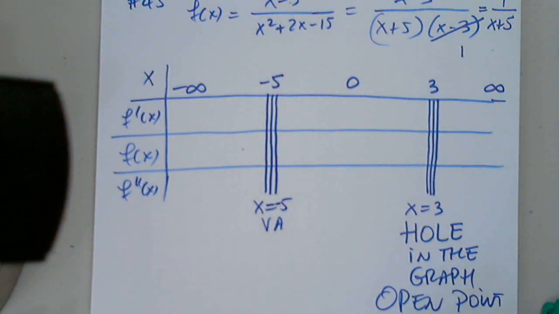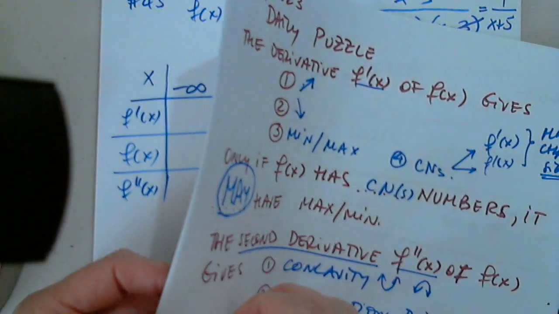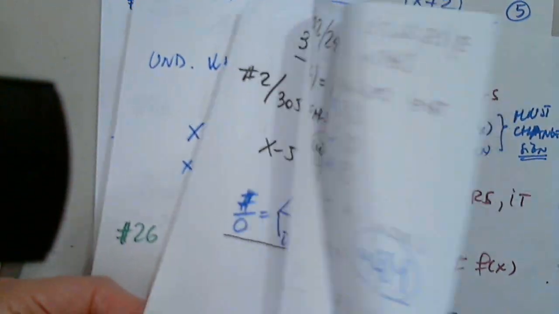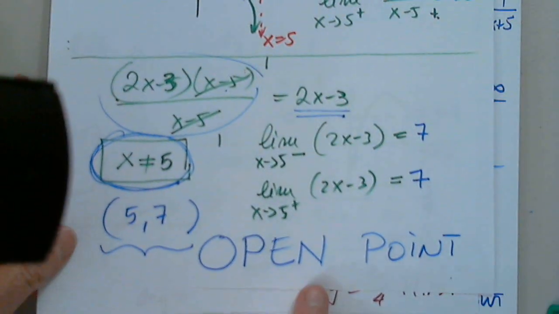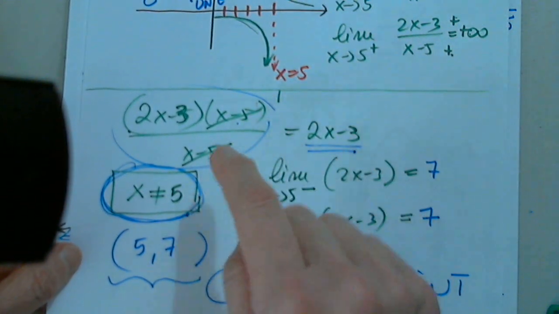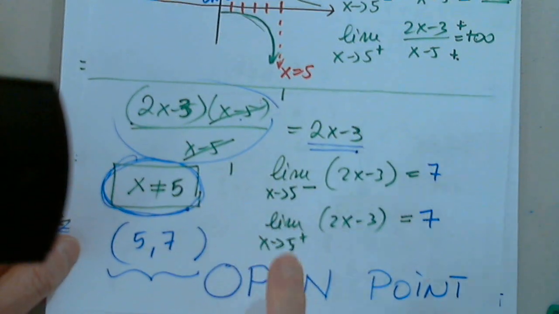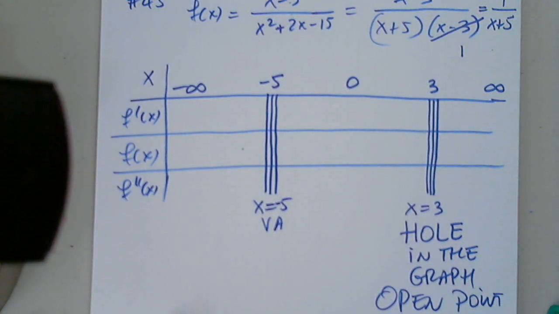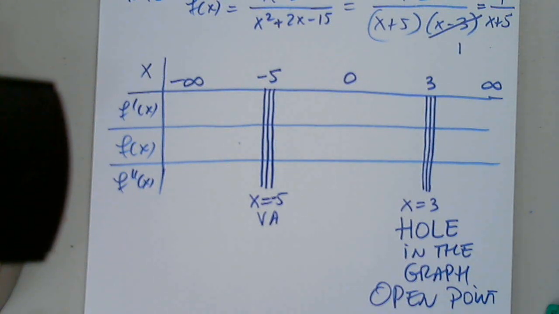So that's the reason why I gave you this example ahead of time. When we simplify that factor, this is no longer a vertical asymptote but an open point, because I knew we would have to go and look at those. And I'll stop here.